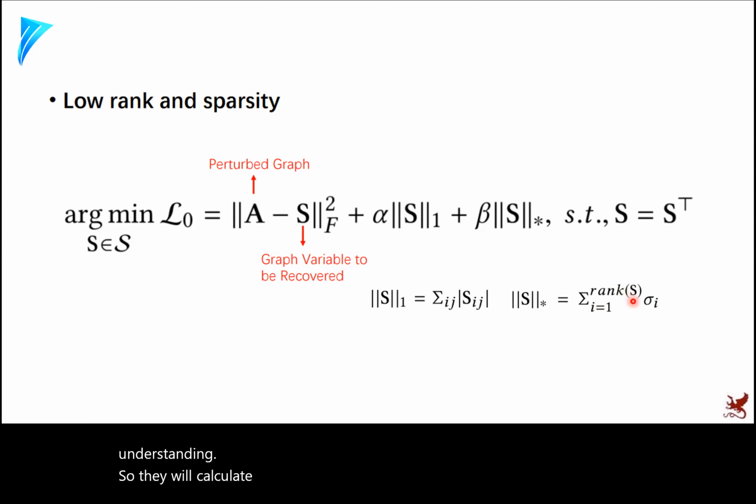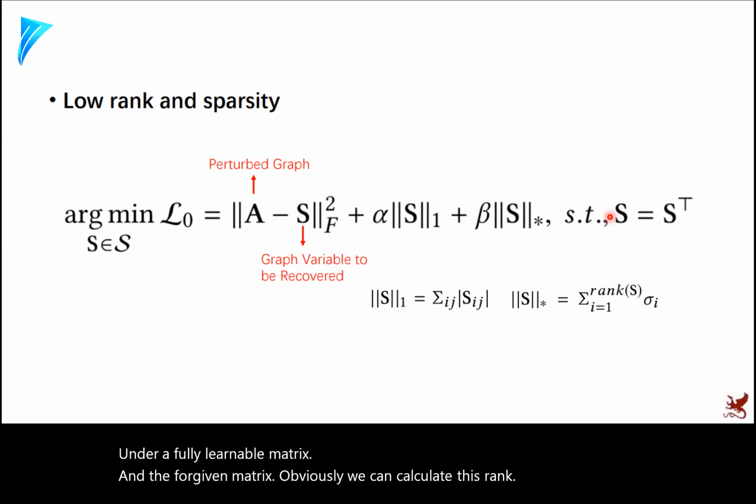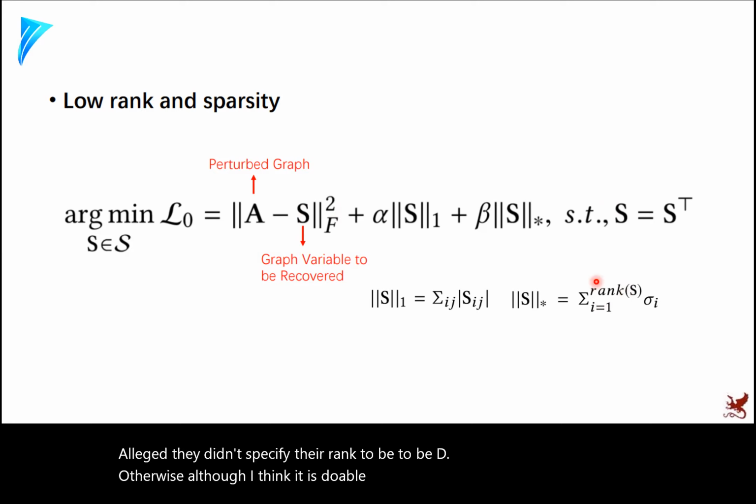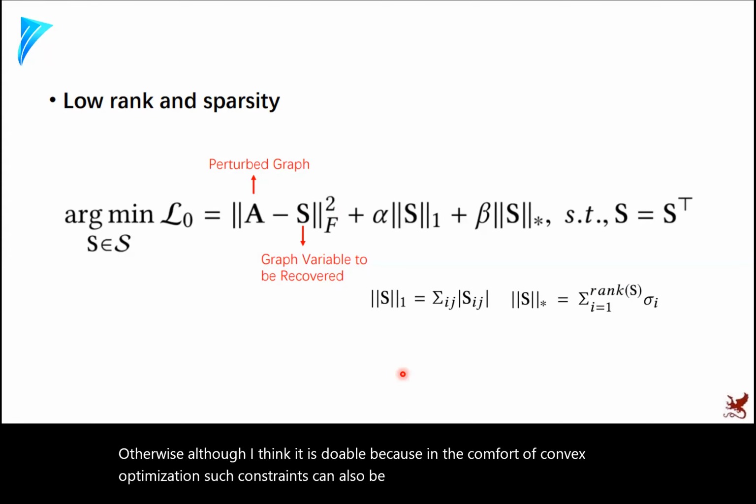S should be a fully learnable matrix, and for a given matrix, obviously we can calculate this rank. They didn't specify their rank to be D. Although I think it is doable, because in convex optimization such a constraint can also be converted into a Lagrangian term, this paper didn't do things like this.